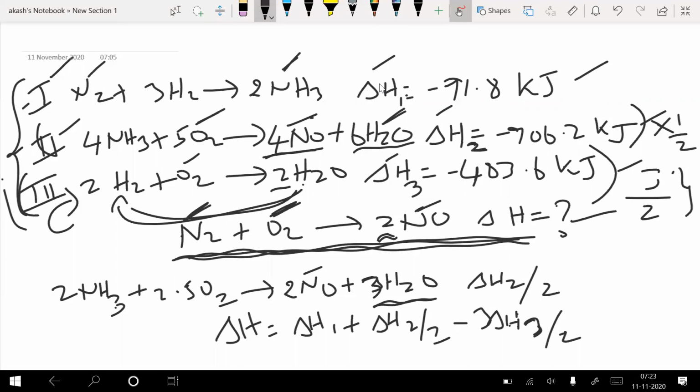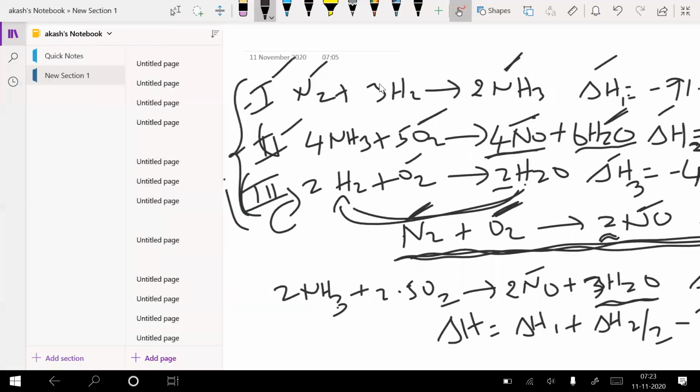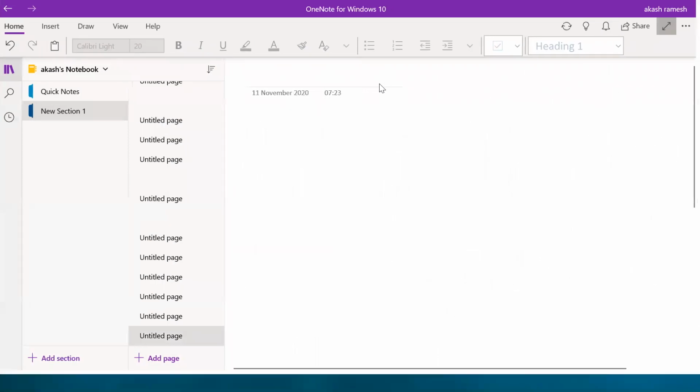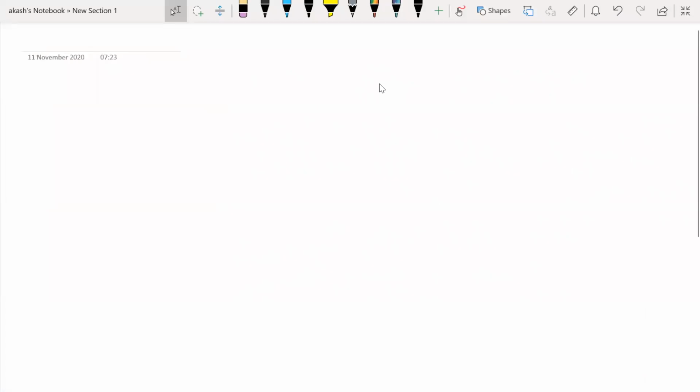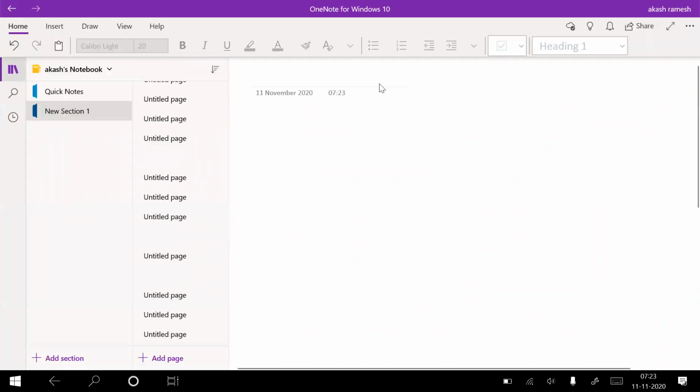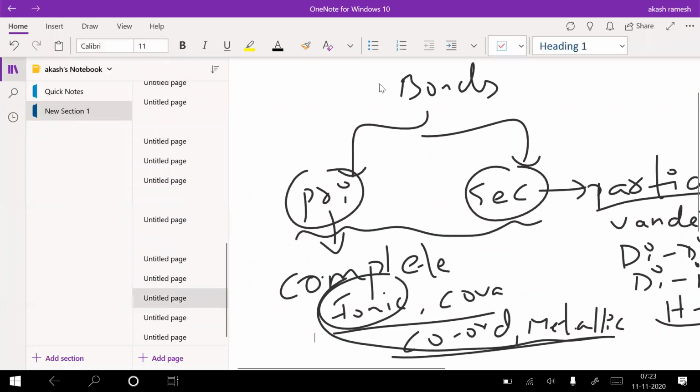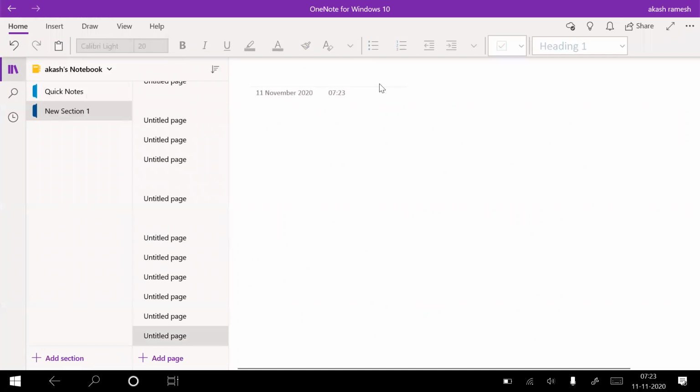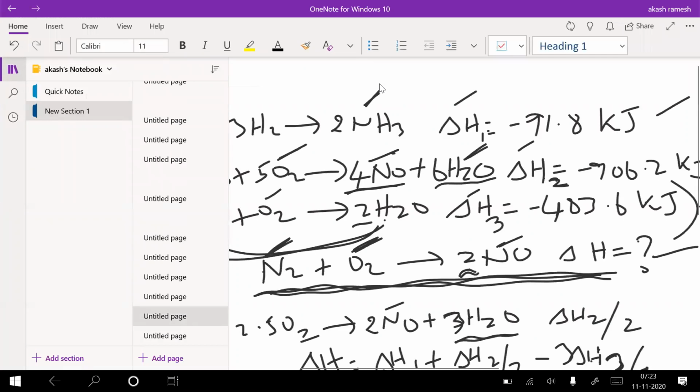Okay, do one more. What's the final enthalpy answer, sir? Oh, you want the answer? You have to calculate. We got minus 41.3, sir. Minus 41.3. Oh, ouch.